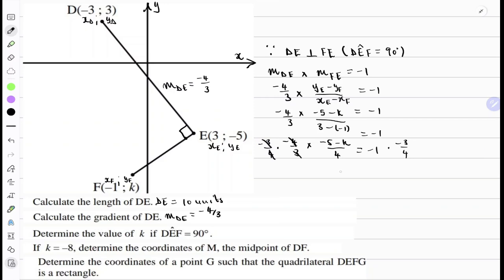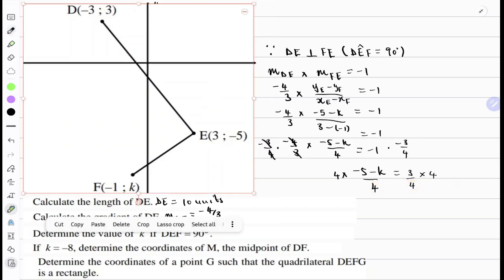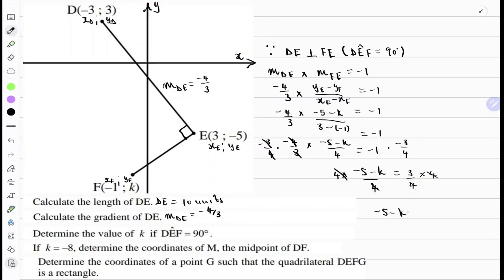So on the left side you're left with (-5 minus k) all over 4 is equal to 3 over 4. So we can multiply left and right by 4 so that we can get rid of the denominators. -5 minus k is equal to 3. Therefore, k should be equal to negative 8.